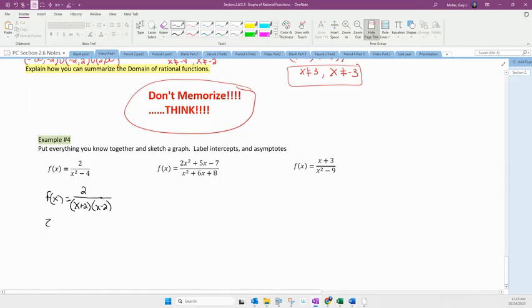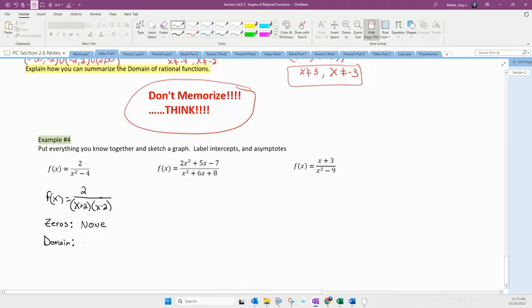Okay, so let's think about the zeros. I ask myself, when is the numerator 0? And it is never 0. So I have no zeros, I have no x-intercepts. If I think about the domain, I know the denominator cannot be 0.